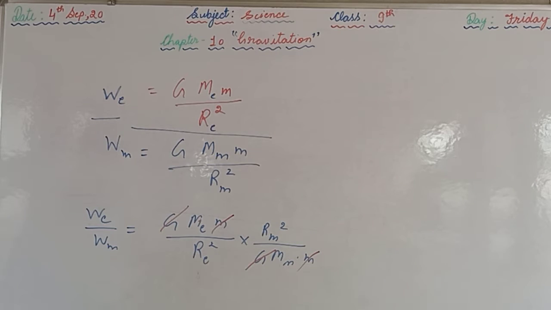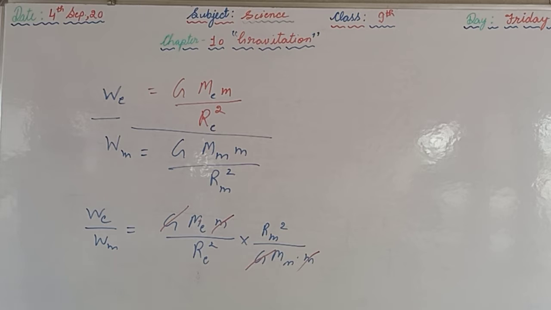Here in your book on page number 137, table 10.1 is given, where the earth's mass is given. We all know that in round figure we take 6 into 10 raised to power 24, but exactly it is 5.98 into 10 raised to power 24 kilogram, whereas the mass of the moon is 7.36 into 10 raised to power 22. The mass of the moon is less.